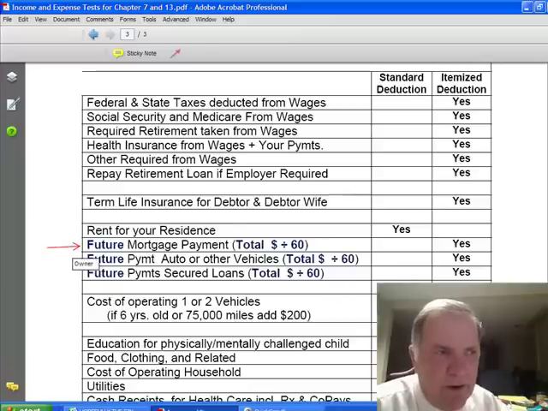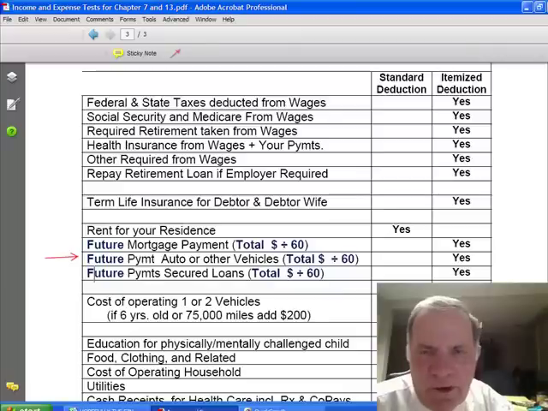It works the same way on auto payments. Let's say that you've got 4 years left on your automobile payment. You're going to take your monthly payment times 48. That's what you've got left on payments. And then you're going to divide by 60. If you have a 5-year loan left, and you know your monthly payment, you'll be able to deduct the full amount of your payment.